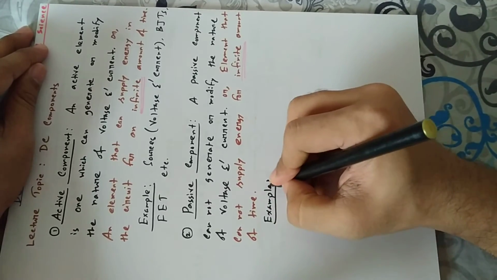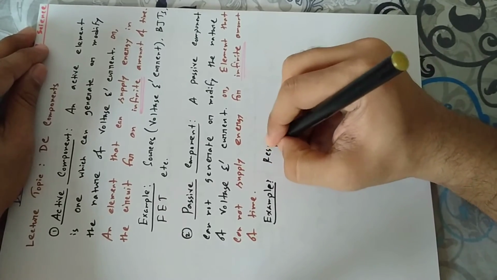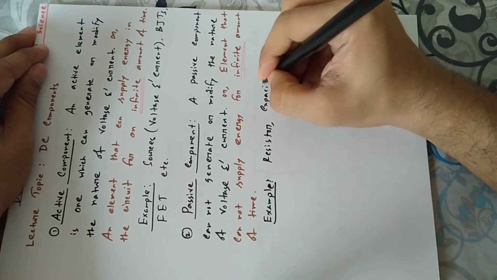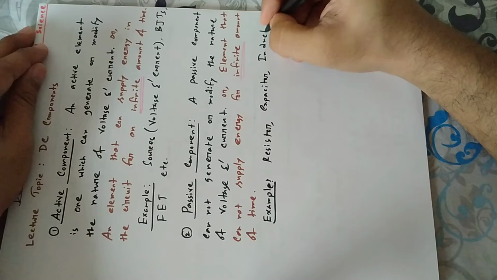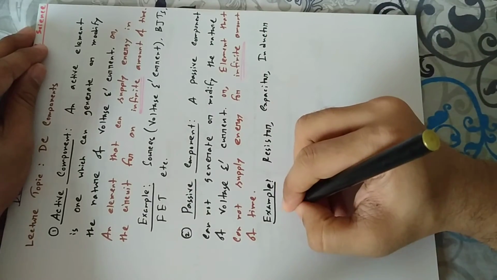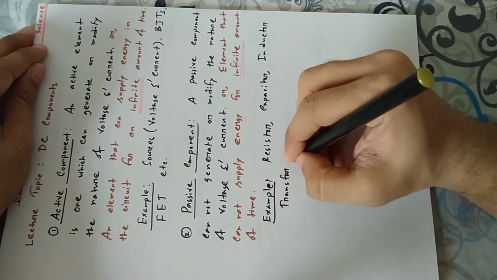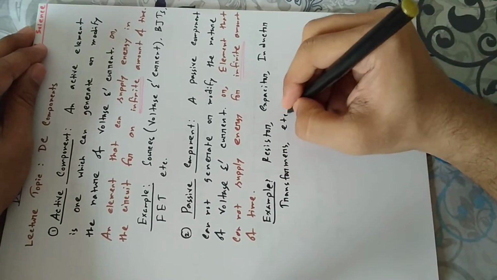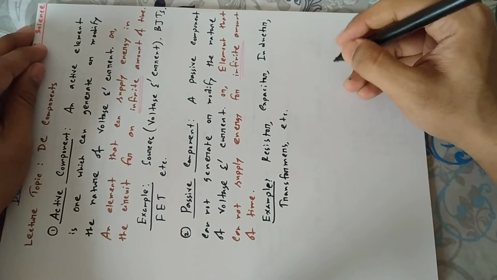Now examples of passive components are resistor, capacitor, inductor, transformers, etc. These components are known as passive components.